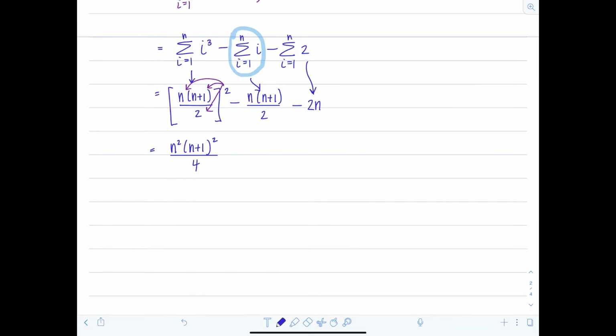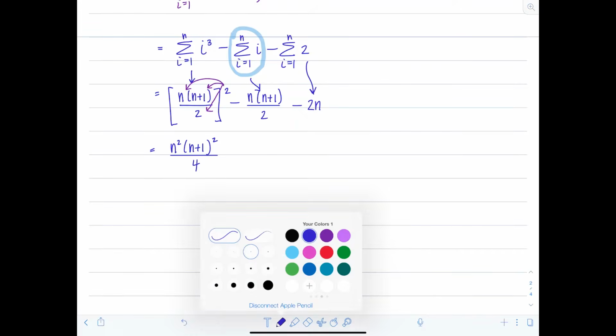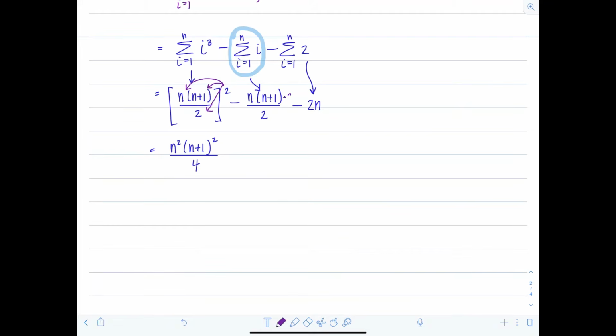And then looking at things, I'm going to want to get a common denominator. So let me multiply the second term by 2 over 2 and the last one by 4 over 4. So then now I'm going to have minus 2n times n plus 1 over 4 minus 8n over 4.